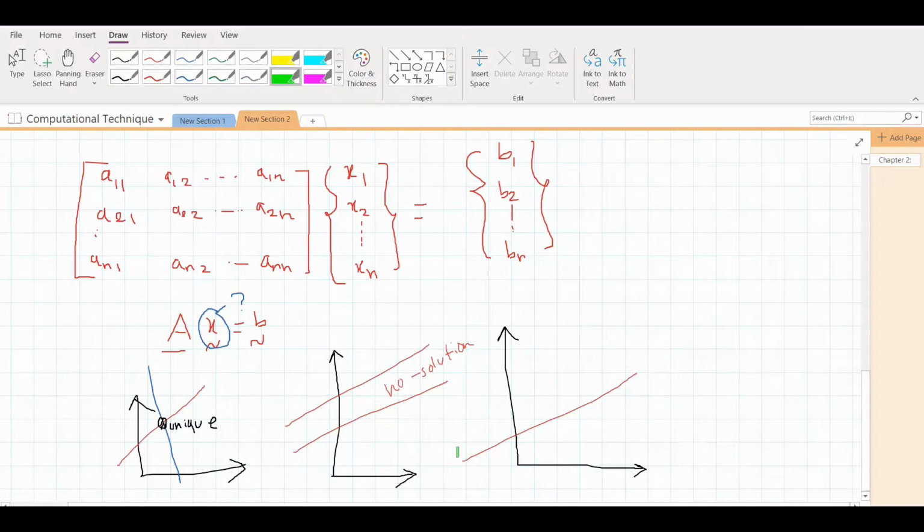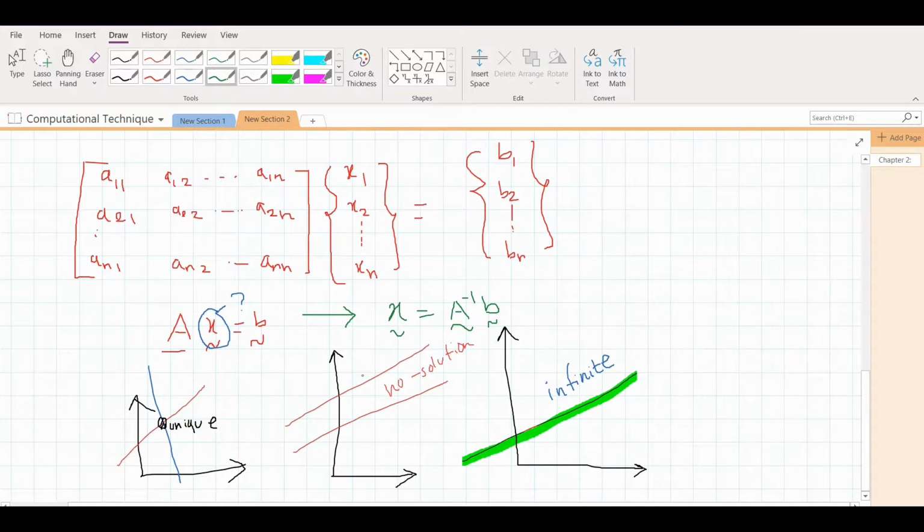So that's the first one, and then you also have the second one going on top of it, which means every point in the black line will be coincident with the point in the green line. So they will have infinite solutions. The way to solve this is X vector will be equal to, if you take this matrix on the right side, A inverse B vector. That's how you solve it.